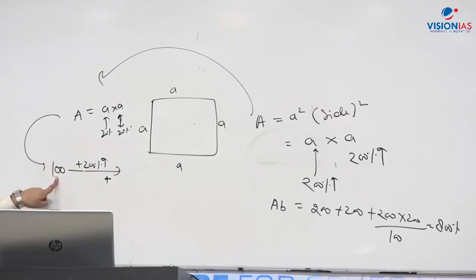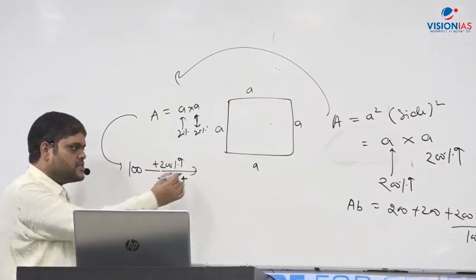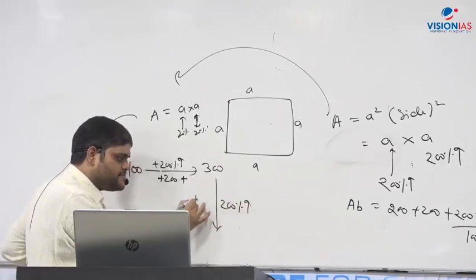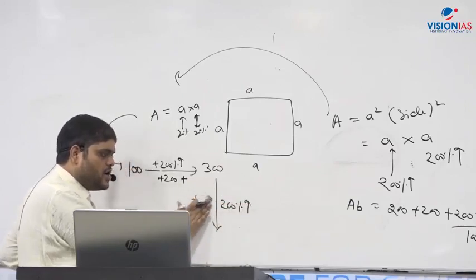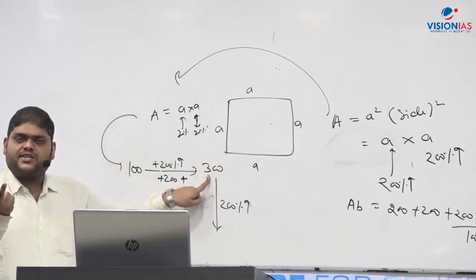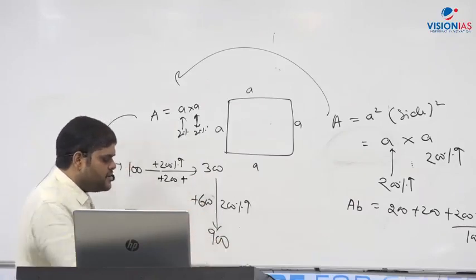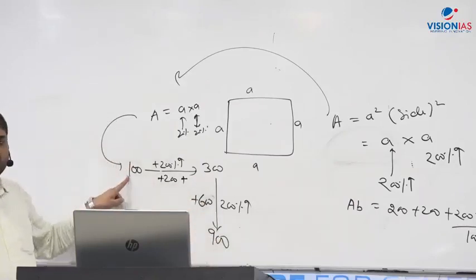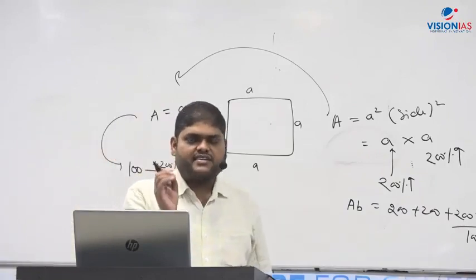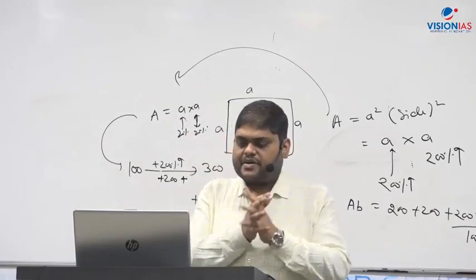So 200% of 100 becomes 200, or not? This becomes 300. Now again 200% increment. So 100% of 300 is 300. 200% of 300 is 600. So this becomes 900. And I told you the original was 100. Now it has become 900. So there is an increment of 800, an increment of 800%.